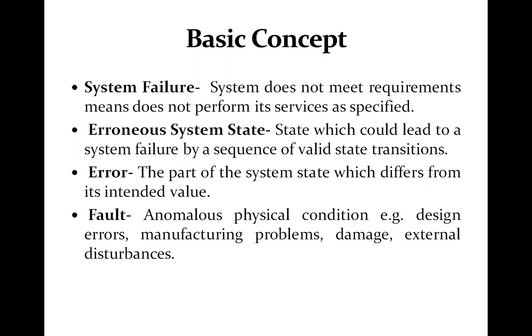An erroneous state of the system is a state which could lead to system failure by a sequence of valid state transitions. And a fault is a physical condition which is different from the normal condition.